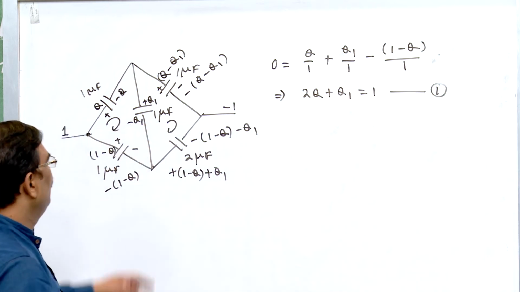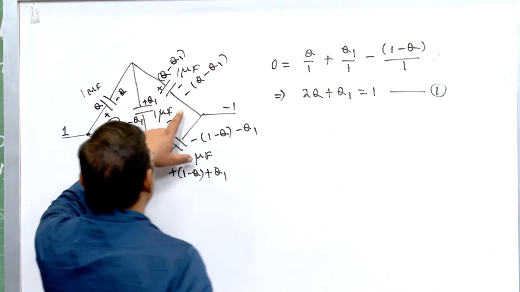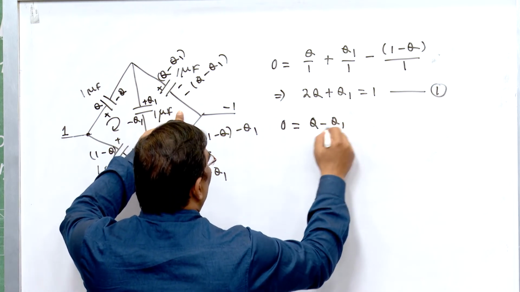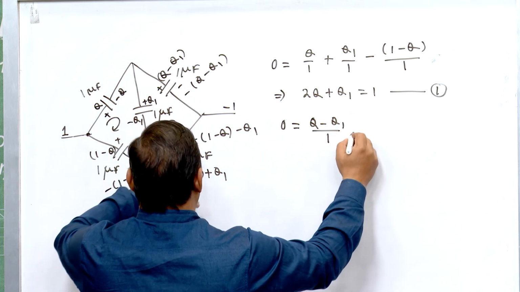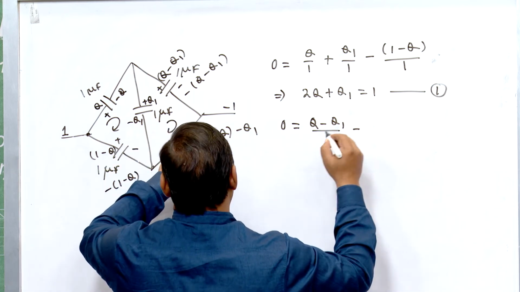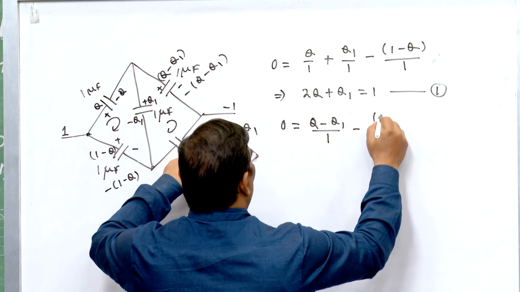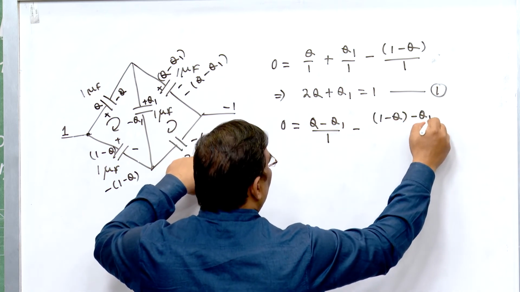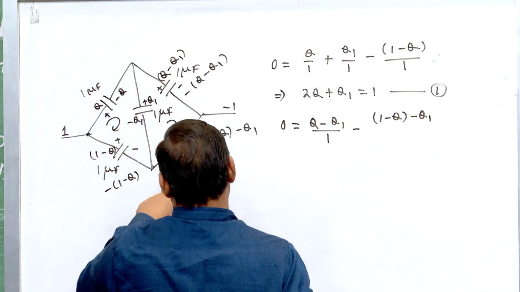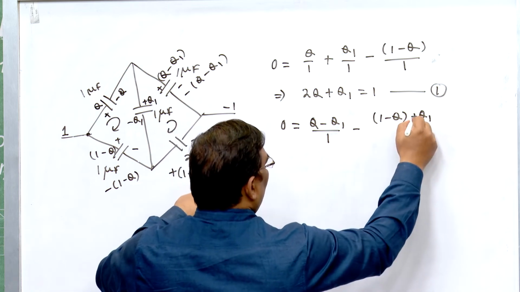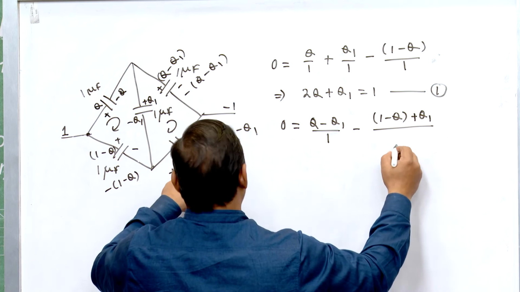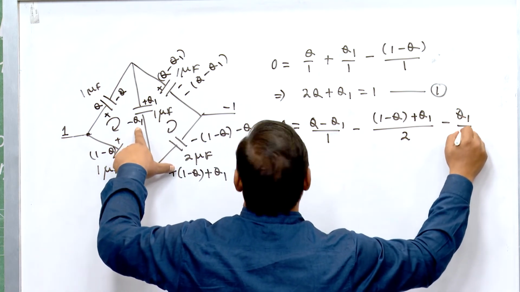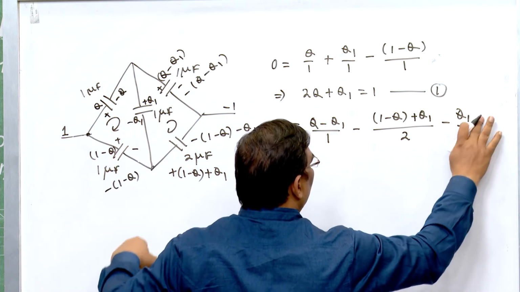Similarly, from the second one, I get 0 equal to (Q minus Q1) by 1 minus (1 minus Q plus Q1) divided by 2 minus Q1 by 1 equal to 0.